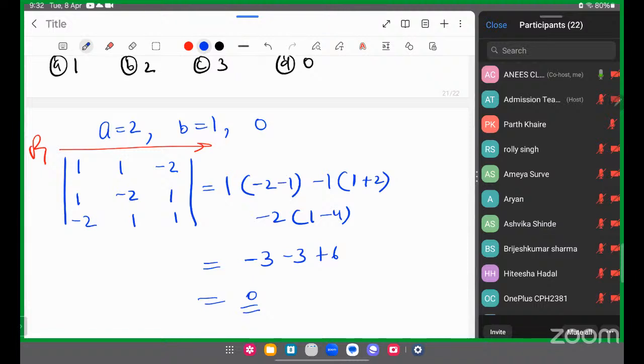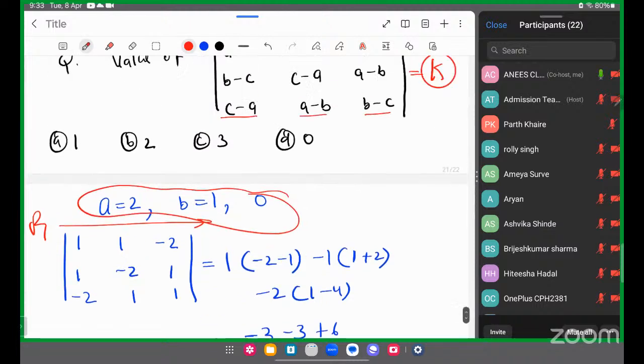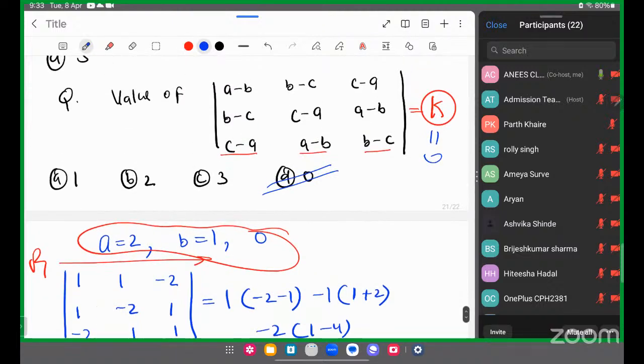I have taken A equals B equals C equals 0, and A equals B equals C equals 1, or any other possible values, or you can take any other combination also. In all these cases, the answer is always coming to be 0, which clearly indicates that the constant value is 0. It implies that whatever the value of A, B, and C, the determinant is always 0.